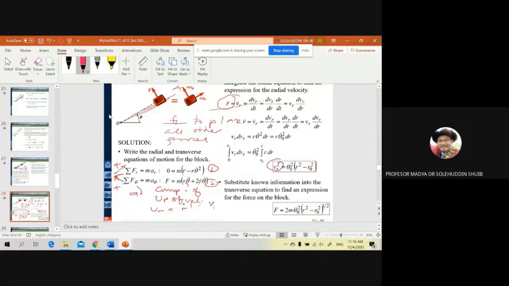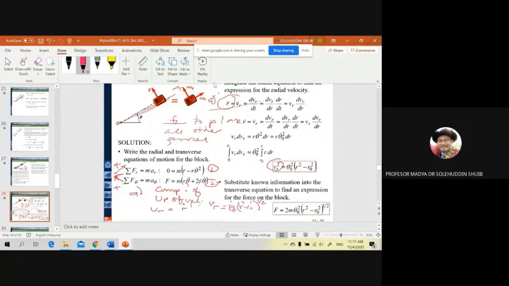V_r equal to theta dot times the square root of r square minus r0 square. Okay, that one is part A.